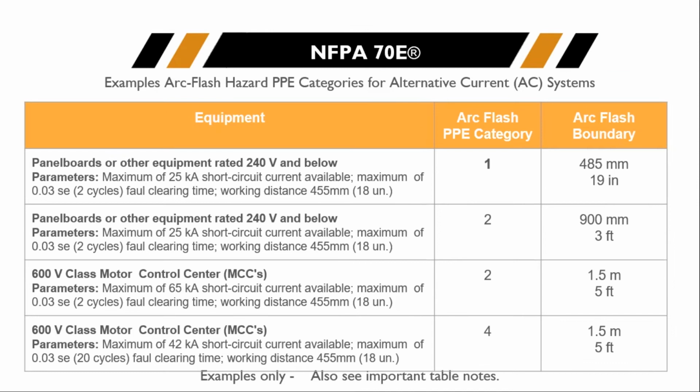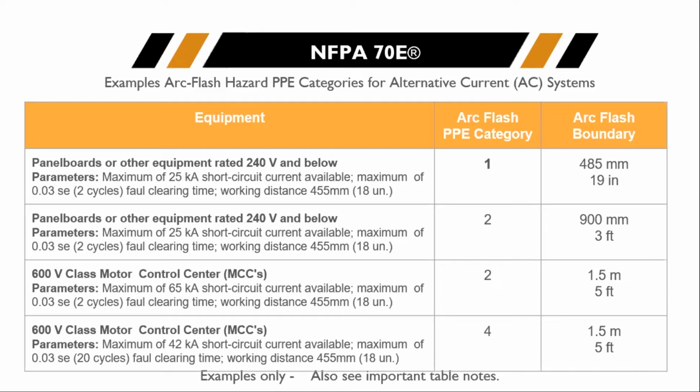Now we can see examples of arc flash hazard PPE categories for alternating current systems. For panelboards or other equipment rated at 240 volts and below, the arc flash PPE category is the first, and the arc flash boundary is a distance of 485 millimeters, or 19 inches. Then for panelboards or other equipment rated higher than 240 volts, the arc flash PPE category is the second, and the arc flash boundary distance is 900 millimeters.